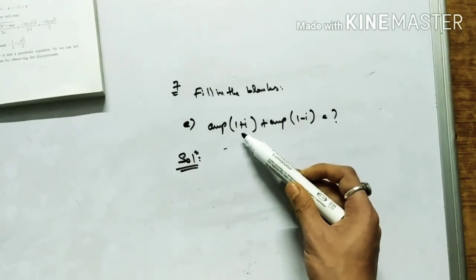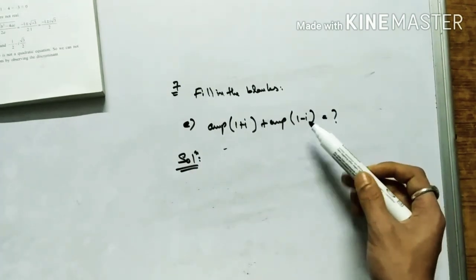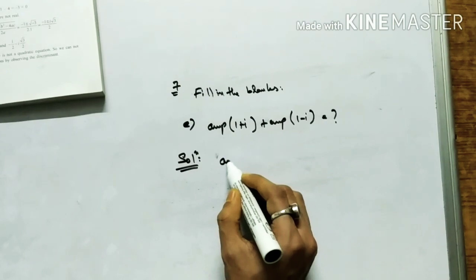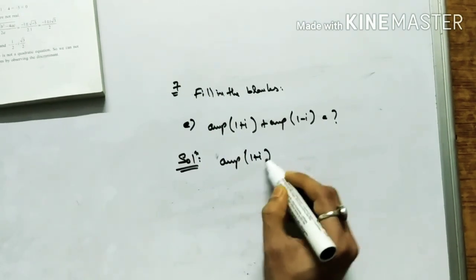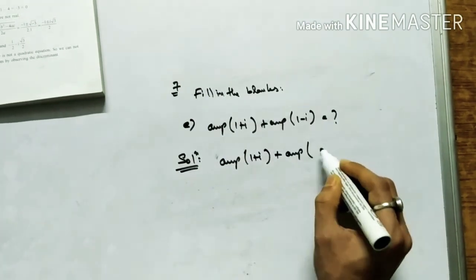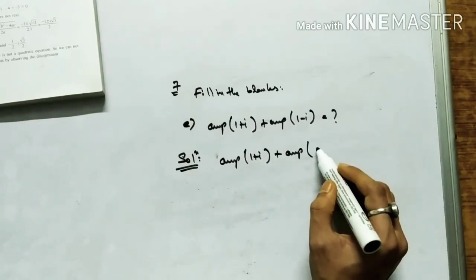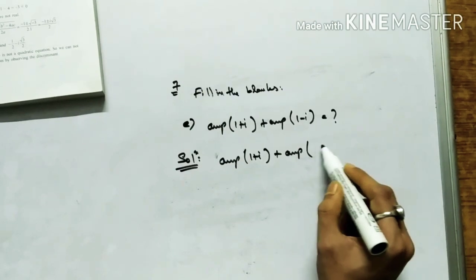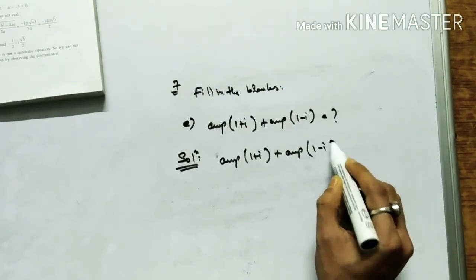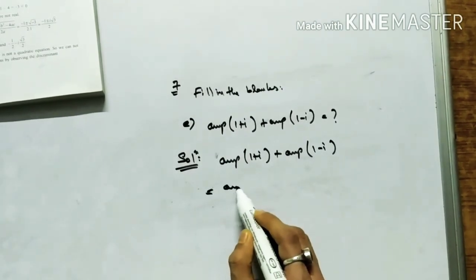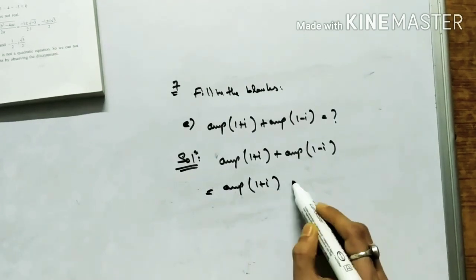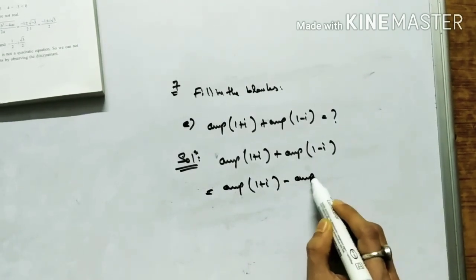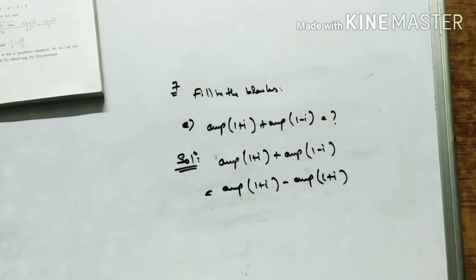If I consider 1 plus i as Z, then this is Z bar. Therefore, amplitude of 1 plus i plus amplitude of 1 minus i is equal to amplitude of 1 plus i minus amplitude of 1 plus i, which is equal to 0.